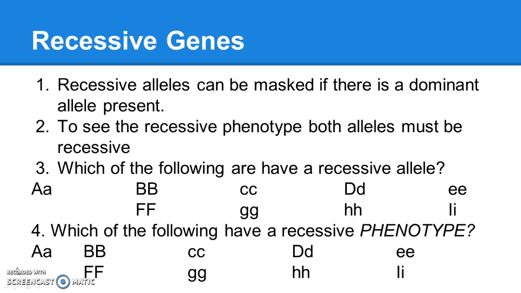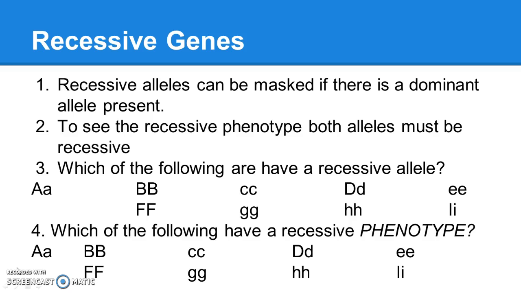So let's go on to recessive genes. Recessive alleles can be masked if there is a dominant allele present, so you must have two in order to see the recessive phenotype. Which of the following have a recessive allele? What this question is asking is, do you have one recessive allele here? Which of the following have a recessive phenotype then?